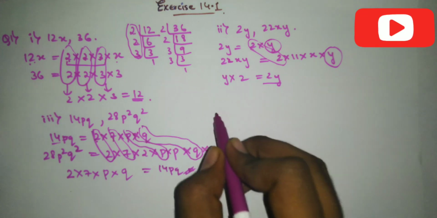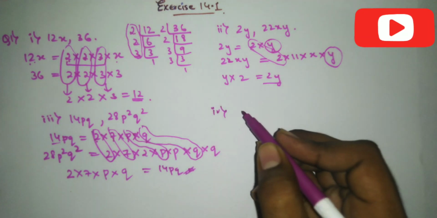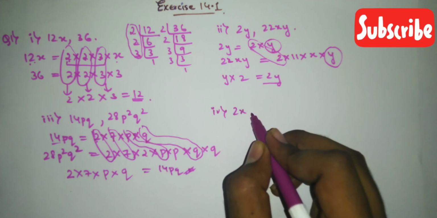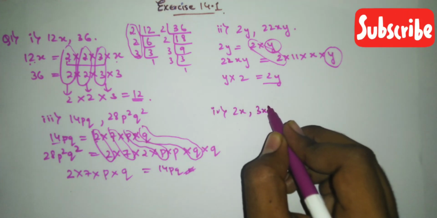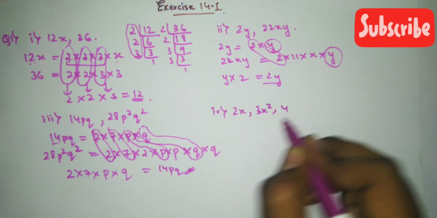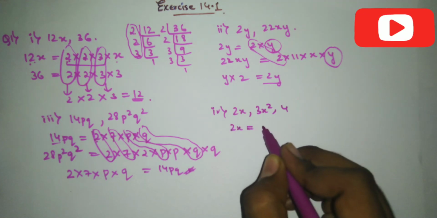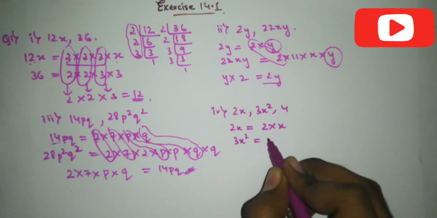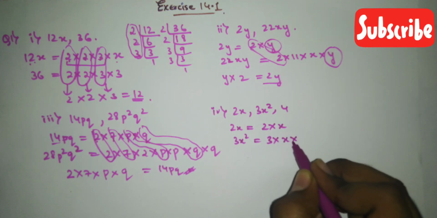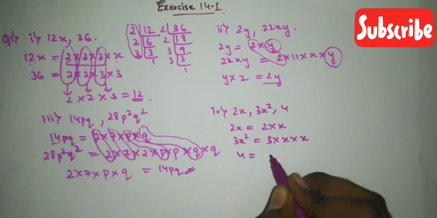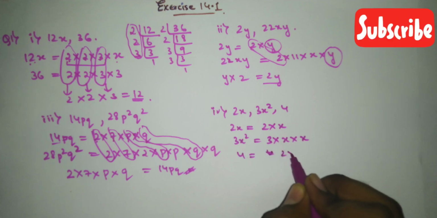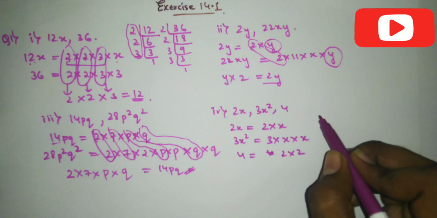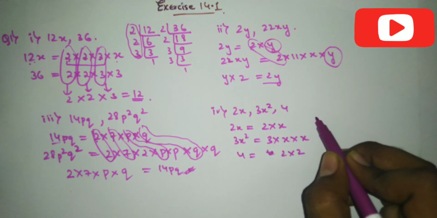Now proceeding to the fourth part of the question: 2x comma 3x square comma 4. 2x I can write as 2 into x, 3x square as 3 into x into x, and 4 as 2 into 2.